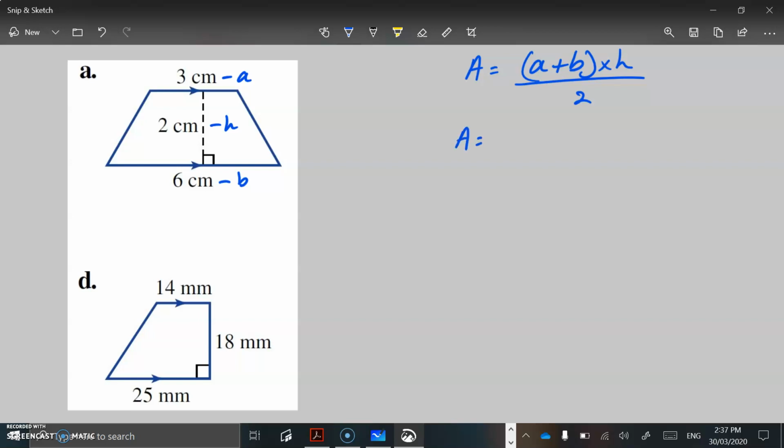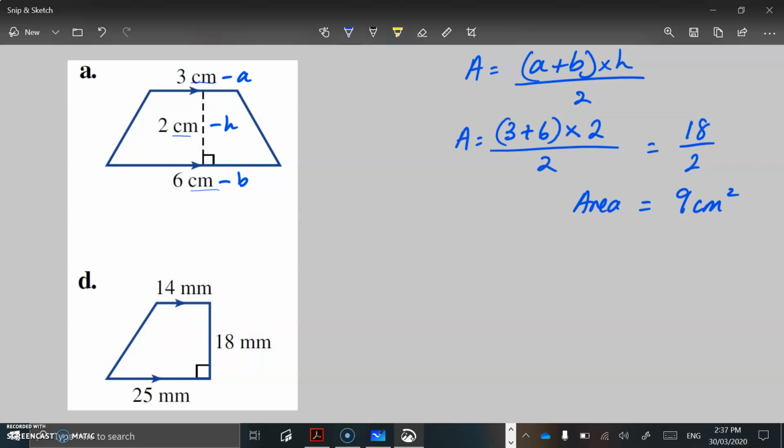So our area is going to be 3 plus 6, multiplied by our height, which is 2, and then we're going to divide that by 2. Just forgot to mention, you need to make sure that your units of measurement are the same. If they aren't the same, you need to convert it. Okay, so 3 plus 6 is 9, 9 times 2 is 18, 18 divided by 2 is 9 centimeters squared. So the area of this trapezium is 9 centimeters squared.